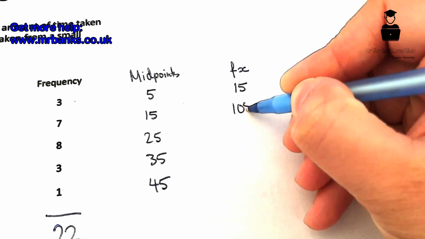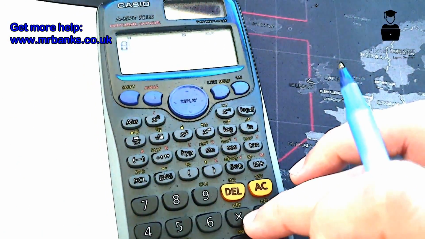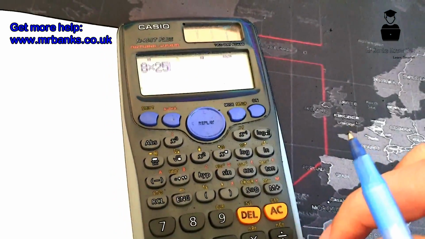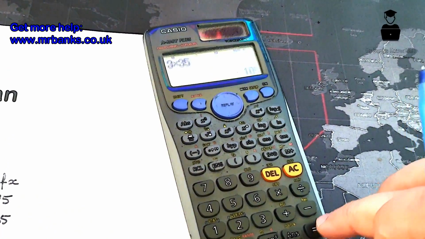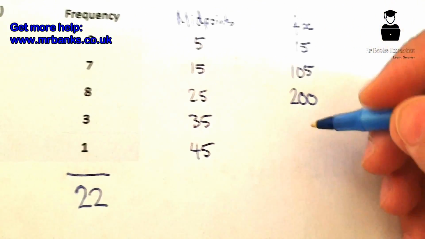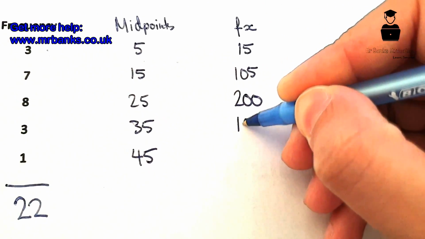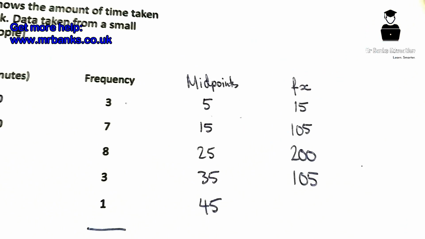So 105, then 8 times 25, let's do it over here. 8 times 25, 200. Put that in there. 3 times 35. Like I say, even if you know the answer, just do it on the calculator because you don't want to be making silly mistakes.